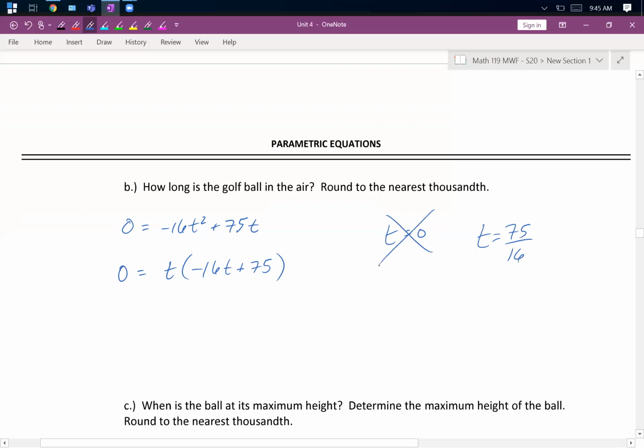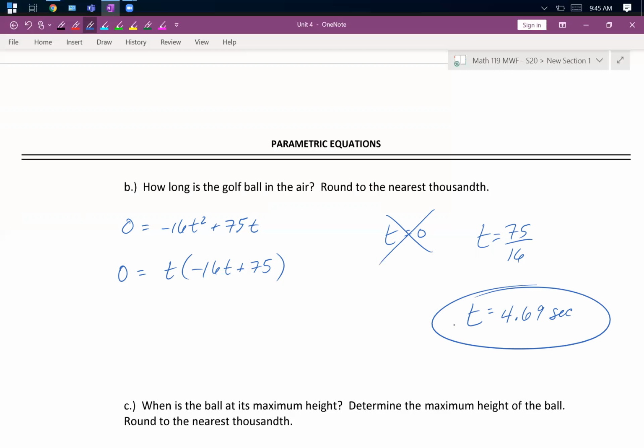And I've never said, oh man, that took 75 over 16 seconds. So let's get it to a decimal. We'll round it to the nearest hundredth. 4.69 seconds. Questions on part B?